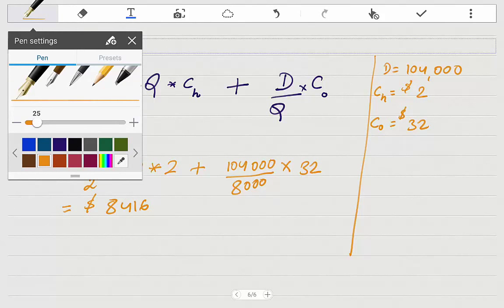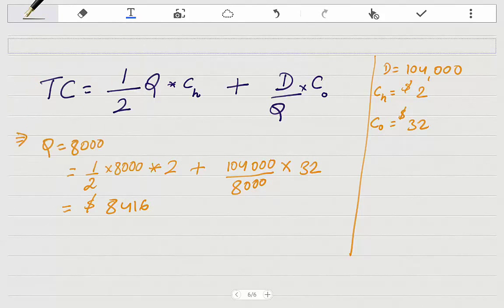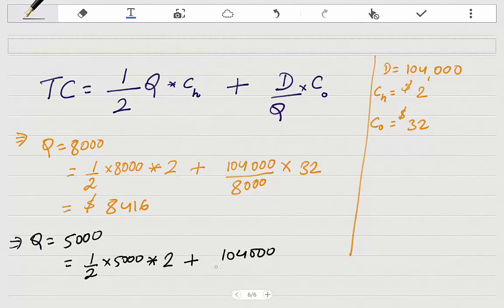Let's do it one more time. Suppose this time you decide to order 5,000 every time. Suppose your Q is 5,000. What would happen? Well, again, the same formula. Half, your now Q is 5,000, times 2, which was your holding cost, plus 104,000 divided by 5,000 times 32.